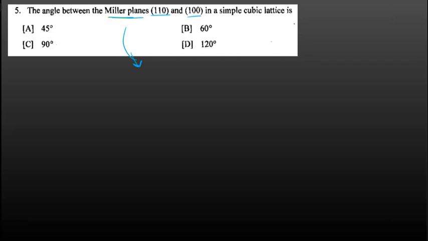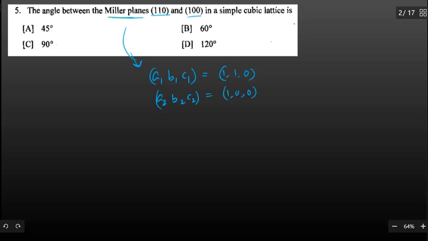So the two Miller planes are given, that A1 B1 C1 equals 1 1 0 and A2 B2 C2 are given as 1 0 0. So by the help of this we can solve this question.